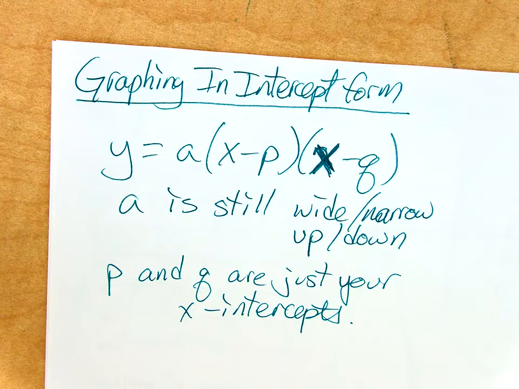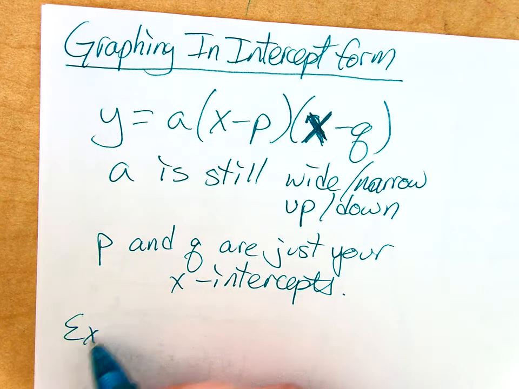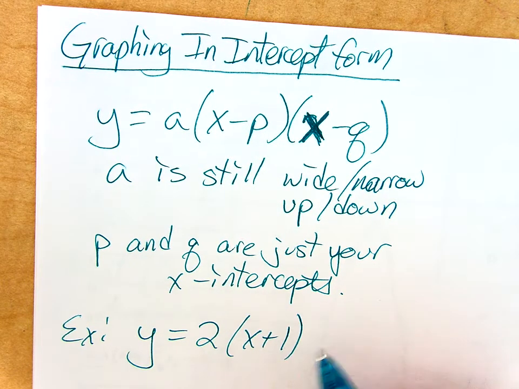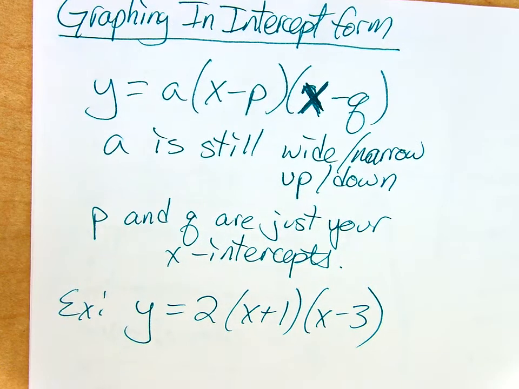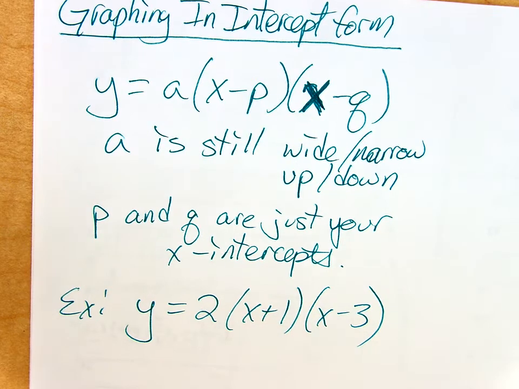So, let's try one. Say I gave you y equals 2 times x plus 1 times x minus 3. So, if I'm just looking at this, if I solve this quadratic, if you will, I would get my two answers of where this thing is crossing the x-axis.